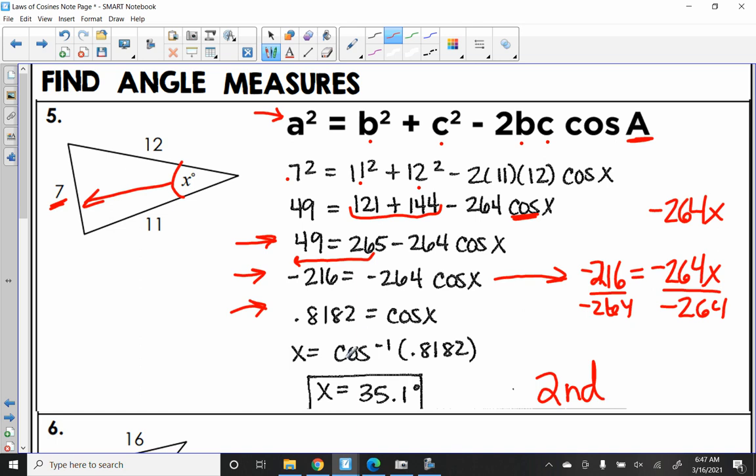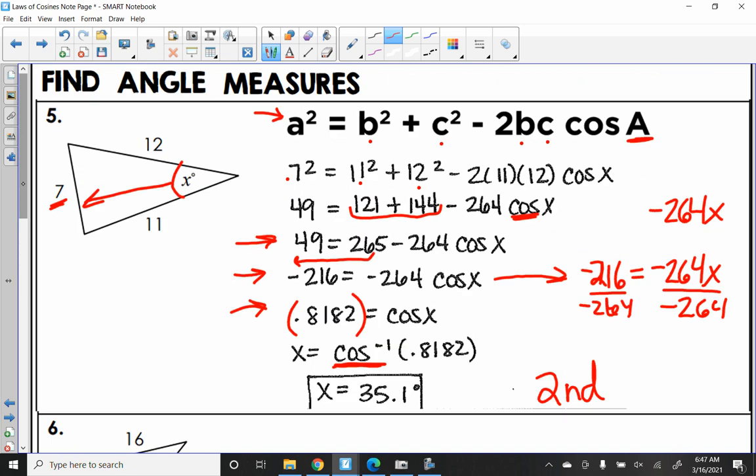So you hit second cosine and put that decimal in your calculator. So now I'm hitting second on my calculator, 0.8182, and I'm going to get right around 35 degrees, 35.1 degrees. So that's how all this math works.